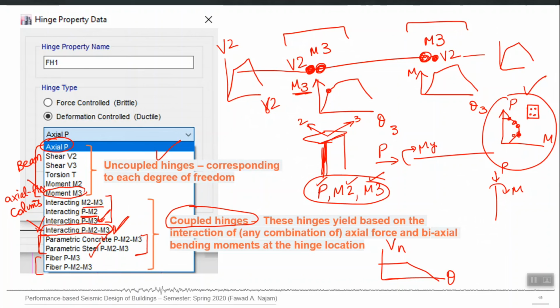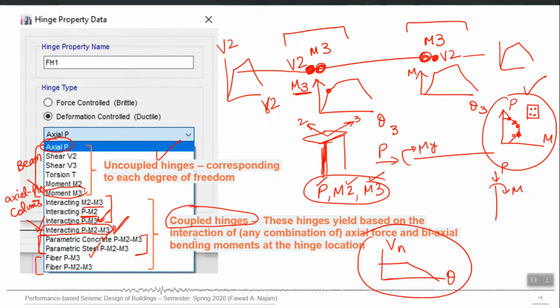But this effect, that the shear capacity is reduced with increasing flexural deformation, ETABS currently cannot handle. Perform 3D allows you to actually define this kind of a curve in the form of a specific element and then put that element in your beam. The program will then know that when that beam is bending in flexure, its shear capacity doesn't remain constant.